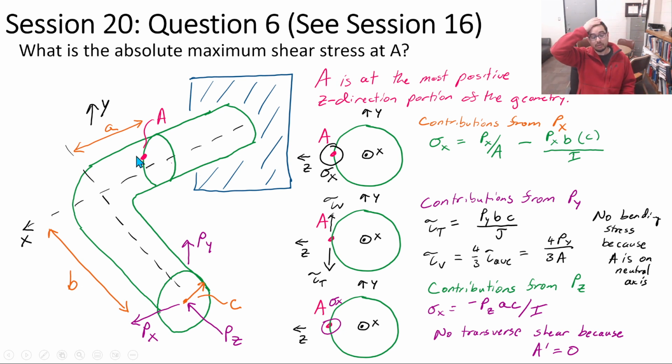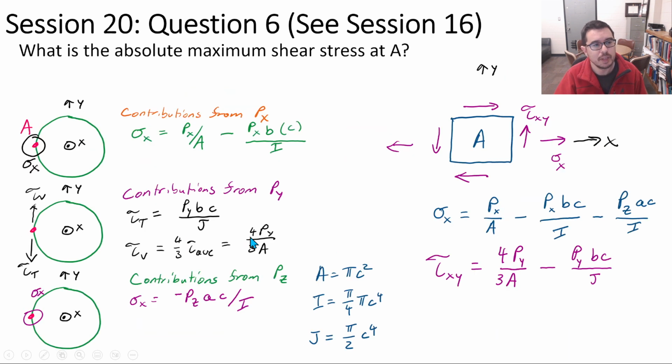If it's on the outside, that means you have maximum bending stress, but essentially no transverse shear stress. This is directly from the previous assignment, counting up the contributions from Px, Py, and Pz.